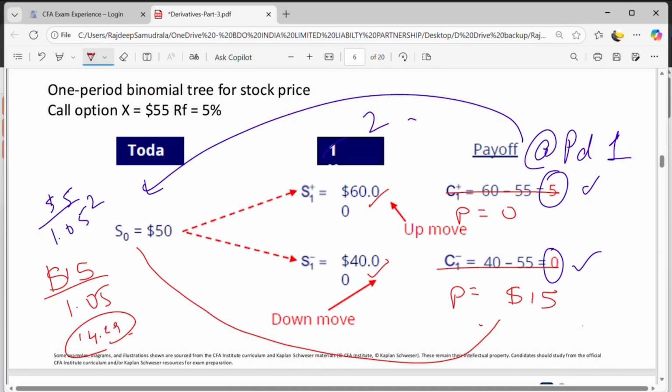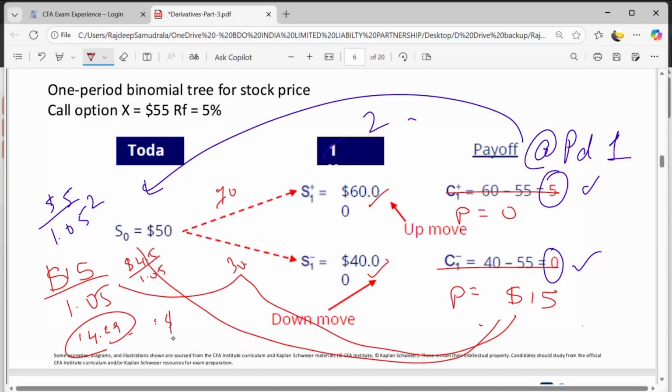Obviously, I'm assuming best, highest, worst case scenario. Suppose I told you that there's a probability, which I already said, 70-30% chance, then what will you do? 15 into 30% and that discounted. So 15 threes are 45. So you do $4.5 divided by 1.05. Right or wrong?